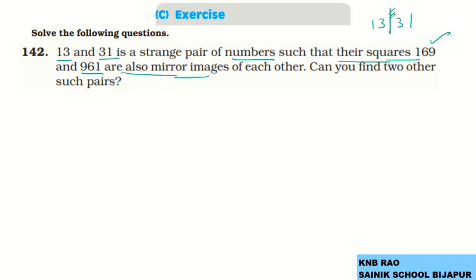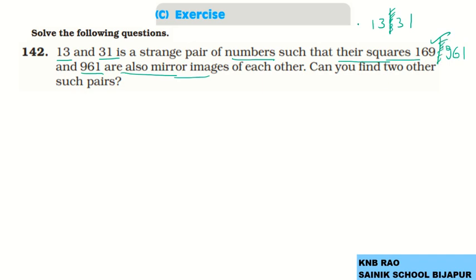When you consider a mirror here, you can see 3's and 1's image. Similarly, for 169 you can see 961. When a mirror is considered like this, it's a mirror image.